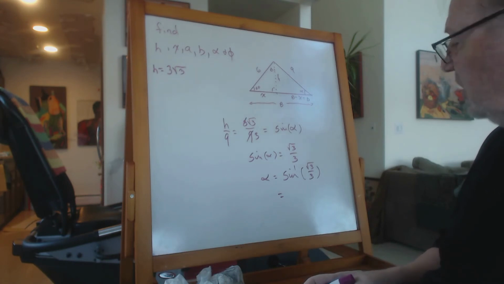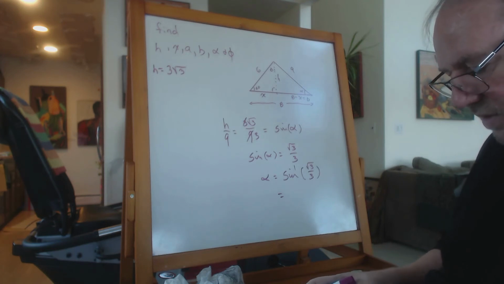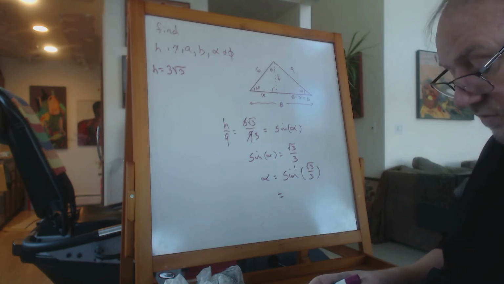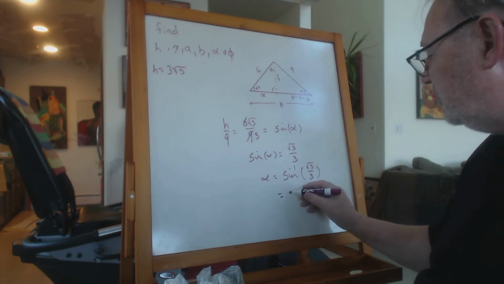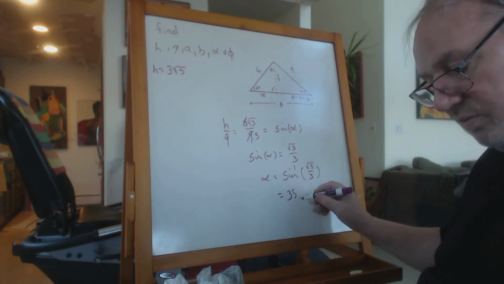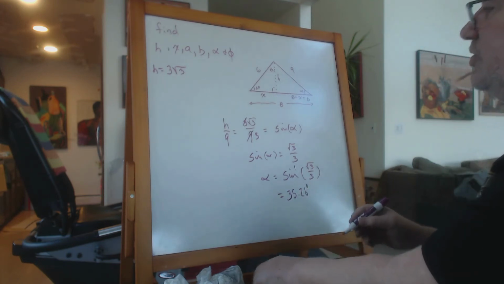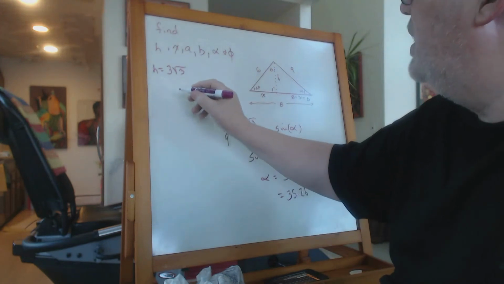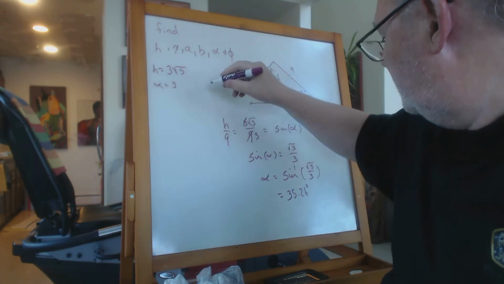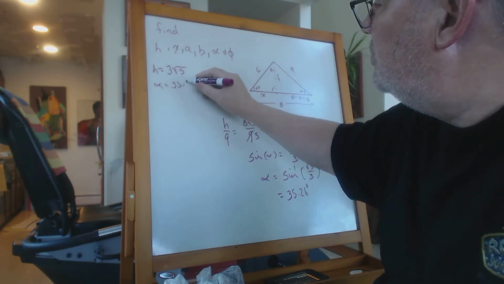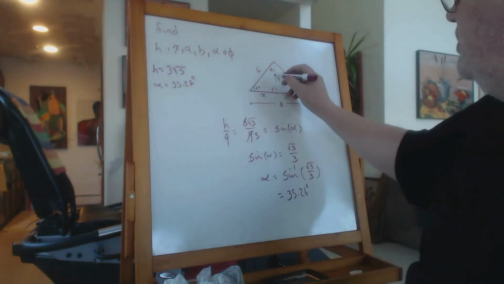Square root of 3 divided by 3 equals, and we want the inverse sine, and that's 35.26 degrees. So we got our second answer. So alpha is equal to 35.26 degrees.